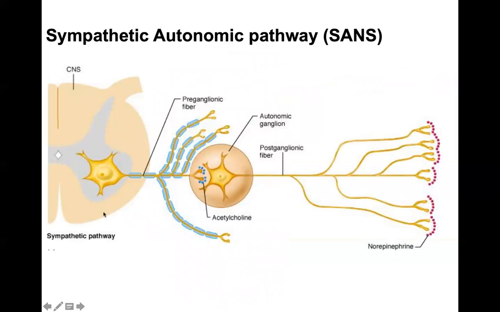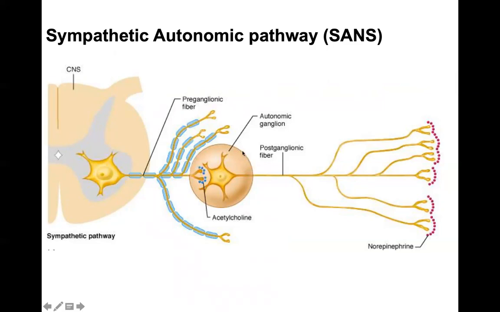So just a reminder that the sympathetic autonomic pathway has cell bodies within the spinal cord, and then the preganglionic axon is myelinated, shows a lot of branching, extends only a short distance to that ganglion, and then we have an unmyelinated postganglionic fiber that can have a lot of branching and extends to the effectors and releases that neurotransmitter norepinephrine.